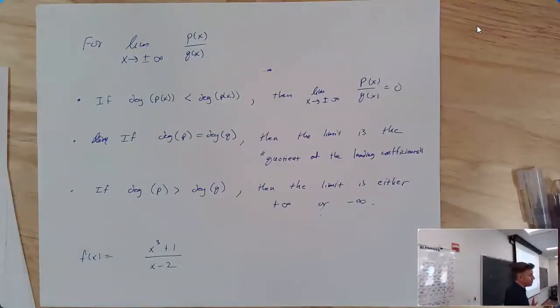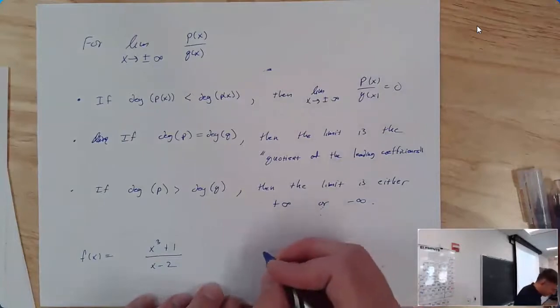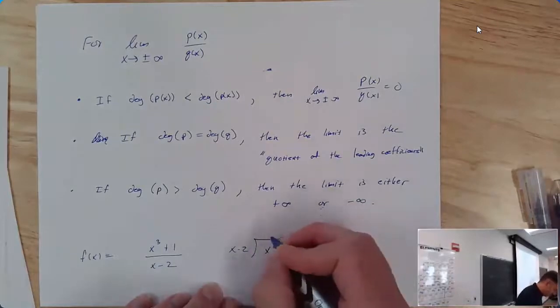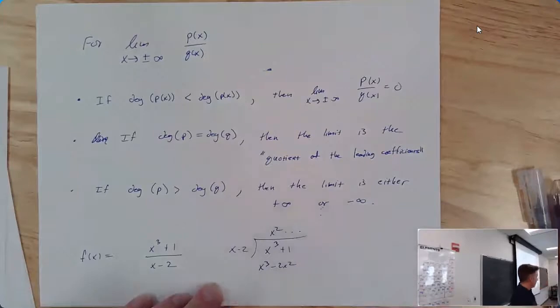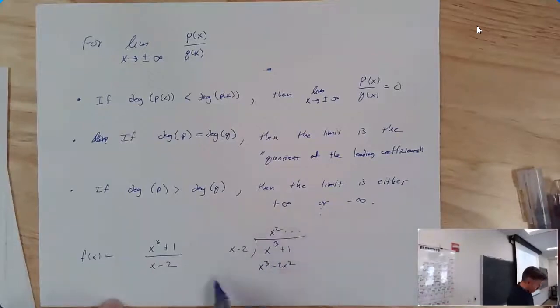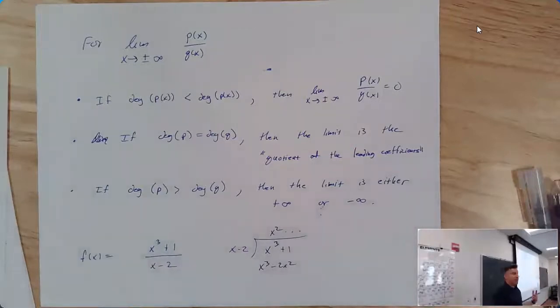It's kind of weird, but if you graph this on Desmos, and then you also do the polynomial division and find the quotient, I don't know exactly what it's going to be because I don't want to take the time to do it. But if you did this division, you would end up getting the parabola that this is asymptotic to, which is kind of weird. So there is such a thing as a parabolic asymptote.